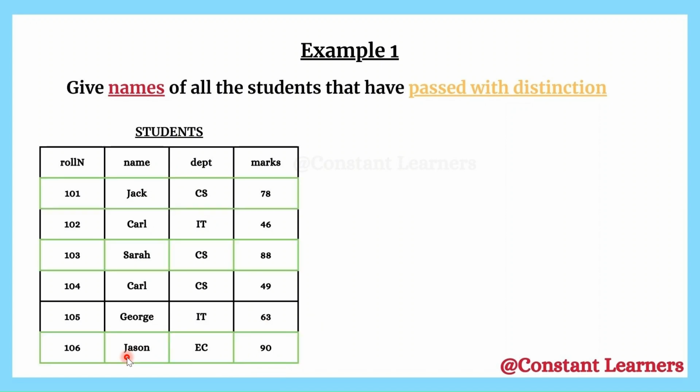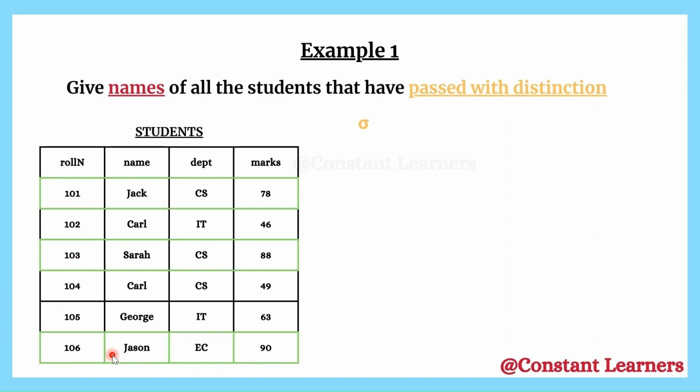Now first we will look at the students that have distinction. So these are the 3 rows that have students who have passed with distinction, right? So first let's start with the select operation, because only the select operation can give us these conditioned entries.